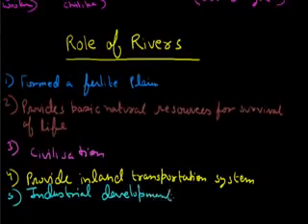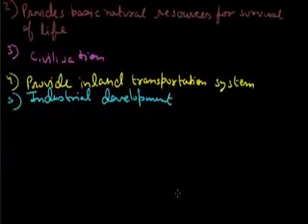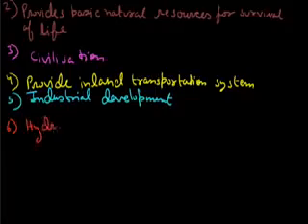Obviously, one of today's most important needs, electricity, is also provided by these rivers. We get hydroelectricity. So this is how these rivers are very important for a country's economy.